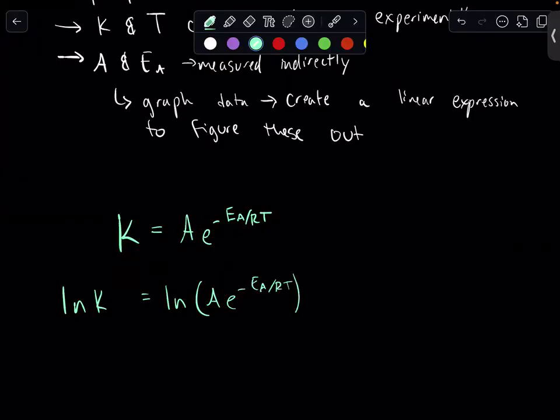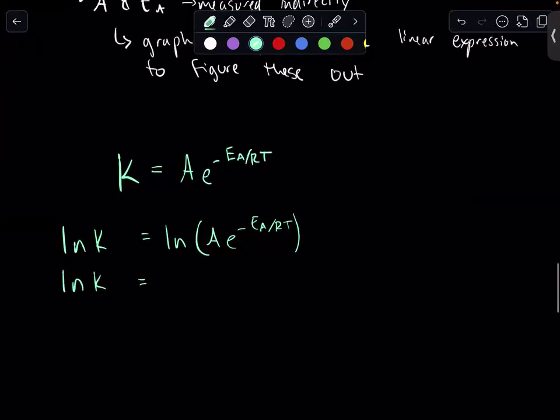Now, when we have two variables multiplied together, we can actually separate those out. And because we're separating them out, and one of them is already Euler's number, which is the base of the natural logarithm, we can then rearrange that further. So we can convert this into ln K is equal to negative EA over RT plus the natural log of our Arrhenius factor.